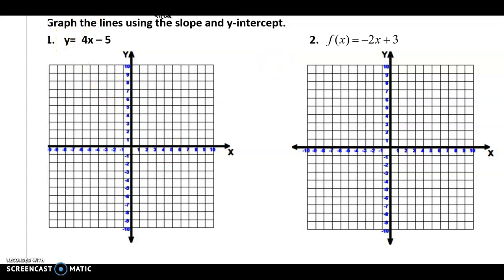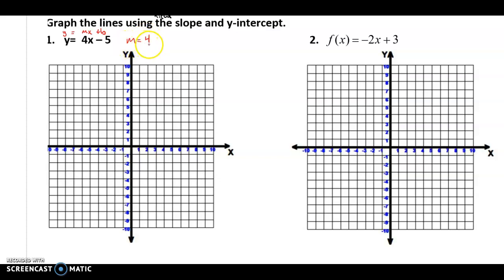So when we look at this first example, and we want to graph this line, now I could make a table of values, but what this curriculum wants you to do real quick is find the slope. So if I look at this, y equals mx plus b. What is m? M is 4, right?